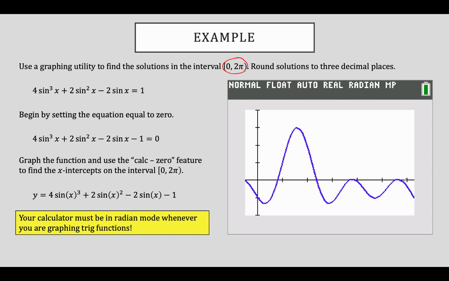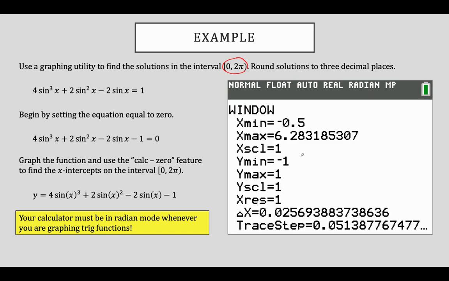We can get a better idea of what's happening near the x-axis by changing our window again. So I want you to hit window one more time, and we're going to change our y scaling. Notice my x scaling, this is still 2 pi here. It'll automatically dump in that decimal for you. But let's make y min negative 1, and let's make y max 1.